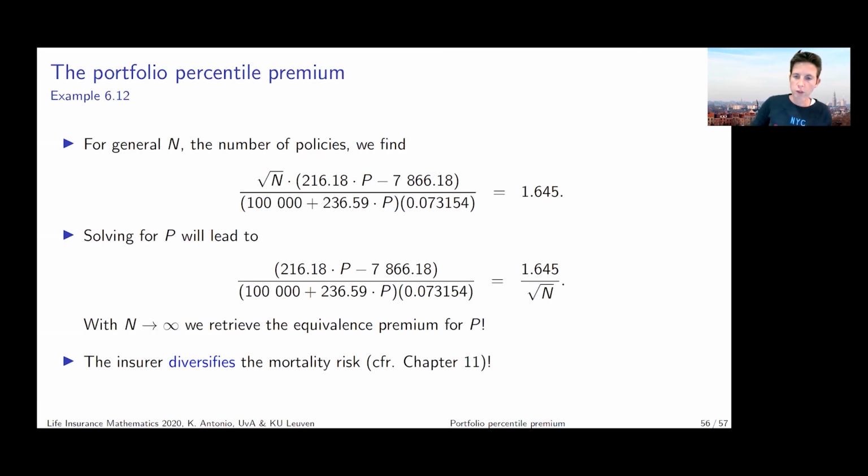We say that the insurance company diversifies the mortality risk, and a diversifiable risk is one where the standard deviation of the total loss divided by the number of contracts runs to 0, so it becomes predictable. Okay, and that's what you see happening here, but this is discussed in more detail in chapter 11 of the book, which we will not cover in this course.